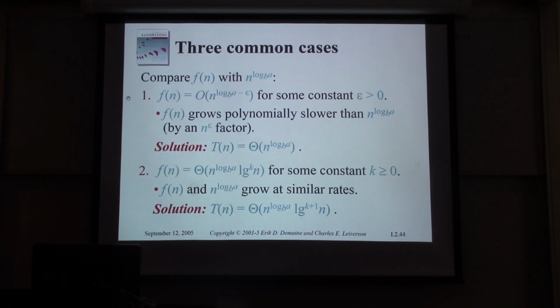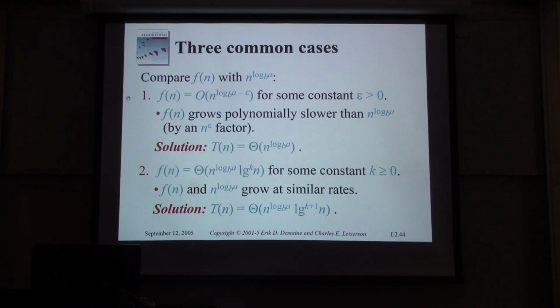Now lg to the k of n, somebody explain to me what is lg n? Natural log? No, it's log base 2. So lg n is log base 2. But what's lg to the k of n? It's log base 2 of n to the k power, which means log base 2 of n times log base 2 of n, k times. What would be the value of lg to the k of n if k was 0?